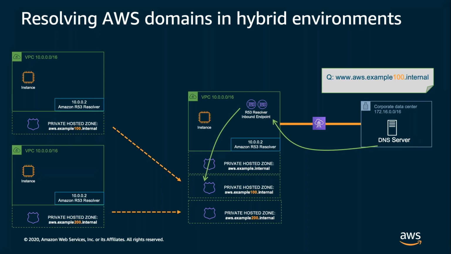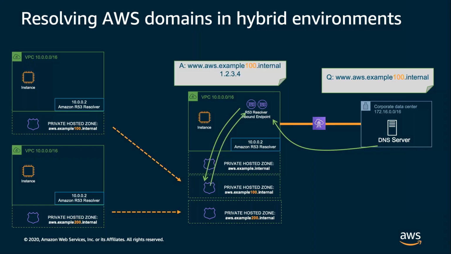And then from the inbound endpoint, we have access to the view of DNS within that VPC. And since it's associated to aws.example100.internal, we're able to resolve that hostname and return back the record to our on-premises DNS server.